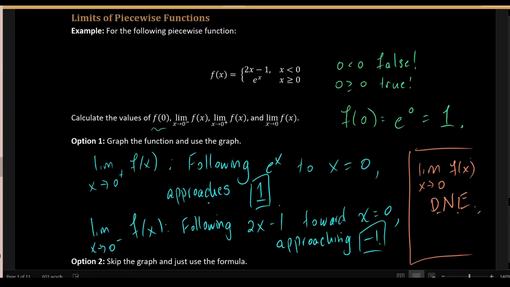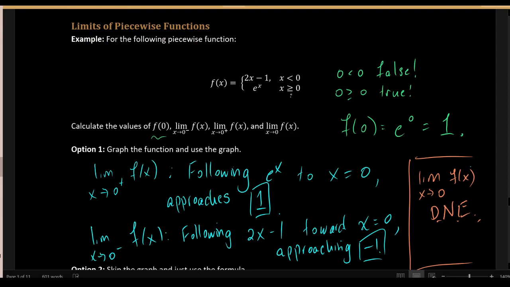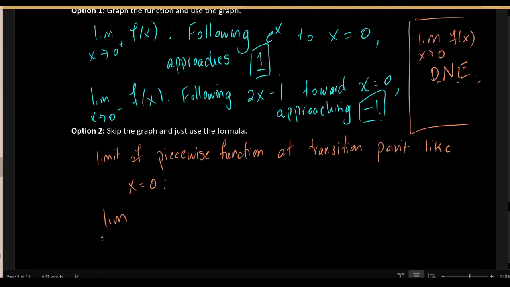So the idea is that x equals 0 was a transition point for this function. Everywhere to the left of 0, the function's behavior was determined by this formula 2x minus 1. To the right of 0, the function's behavior was determined by this formula e to the x. If we want the right limit, all we need to do is plug 0 into the formula that occurs to the right of x equals 0.